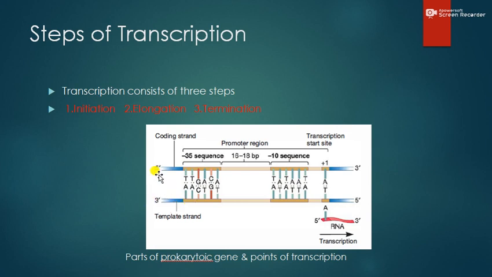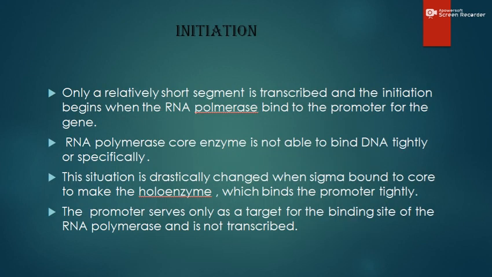The strand with the 5' to 3' end is considered the coding strand. As I told you, RNA formation happens only in the 5' to 3' direction. So the formation of RNA will happen only from the template strand, which is in the 3' to 5' direction.